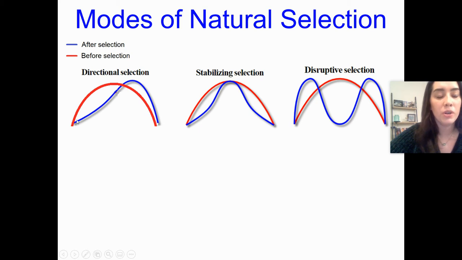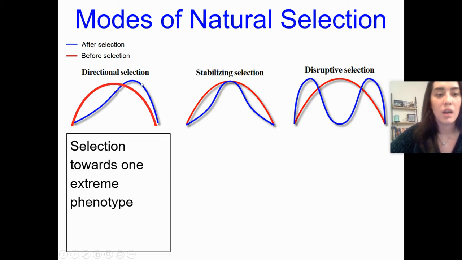Before selection, we have this red perfect bell curve in each of these. Then in directional selection, as you can see, it's skewed to the right in this case. So this is selection towards one extreme phenotype. For whatever reason, an extreme phenotype has been more beneficial for that population in order to reproduce and survive. So the selection is towards an extreme.